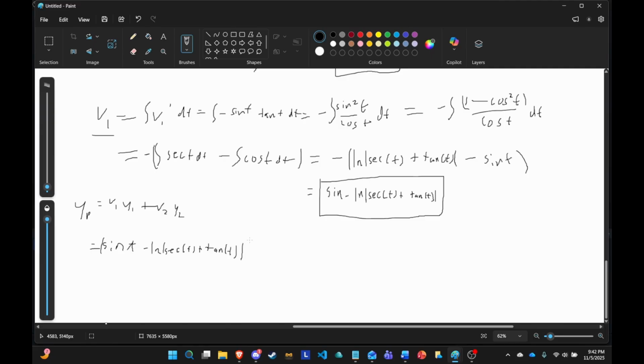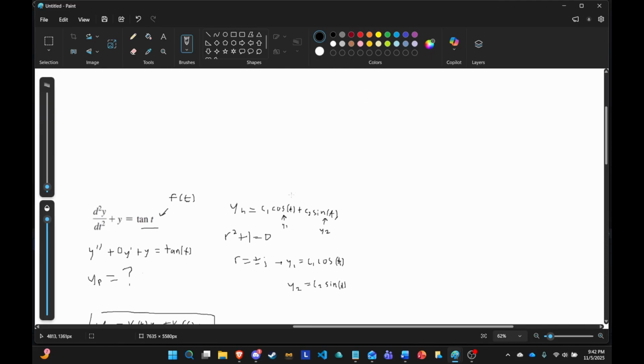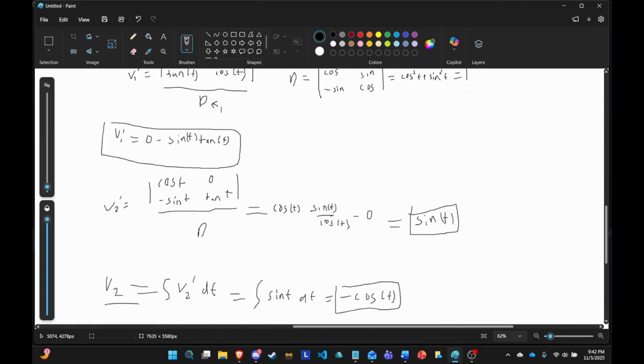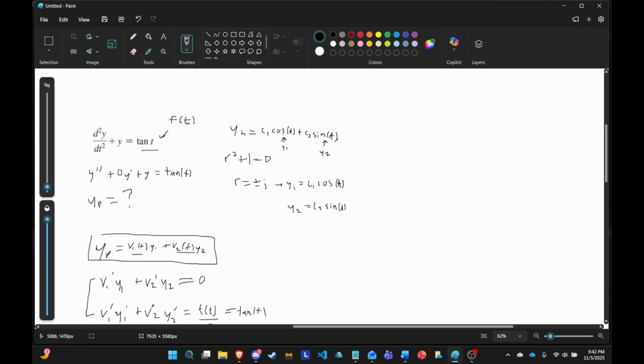That's our v1 multiplied by y1, which is cosine. And then that's added to v2, which was negative cosine of t, multiplied by our y2, which is sine of t.